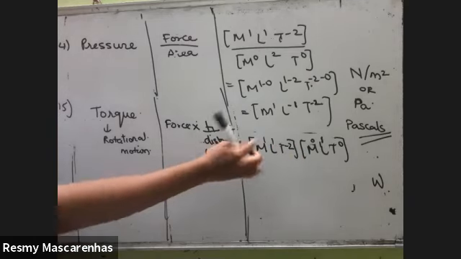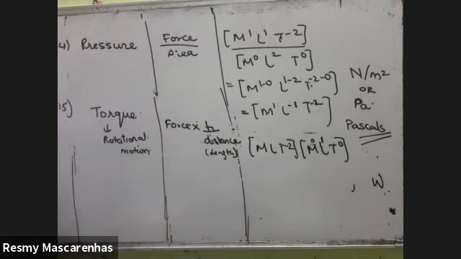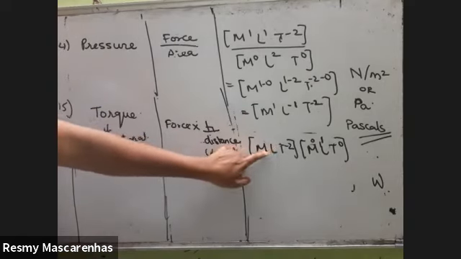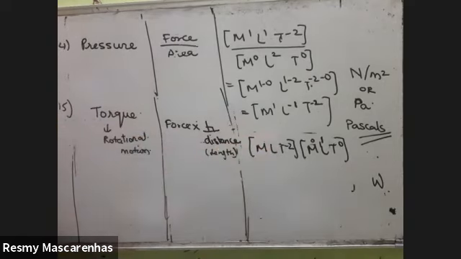Sometimes they might not write this one, okay? In textbooks and all, you might come across a letter like this. If nothing is there on top of the letter, it means the power is 1. And if the letter itself is missing, then the power is 0.